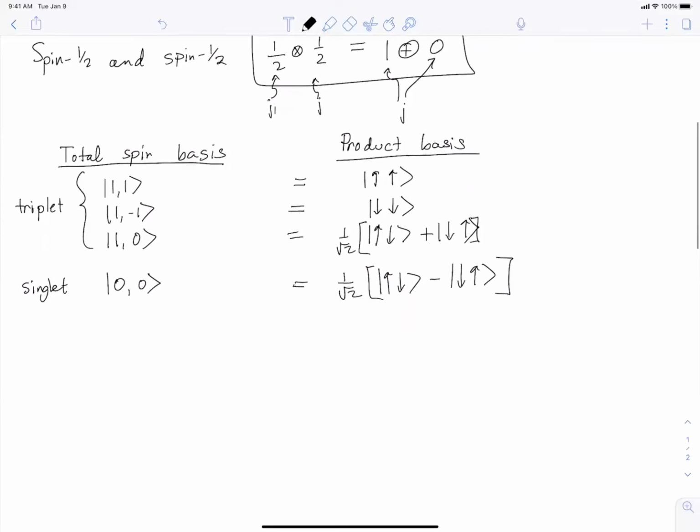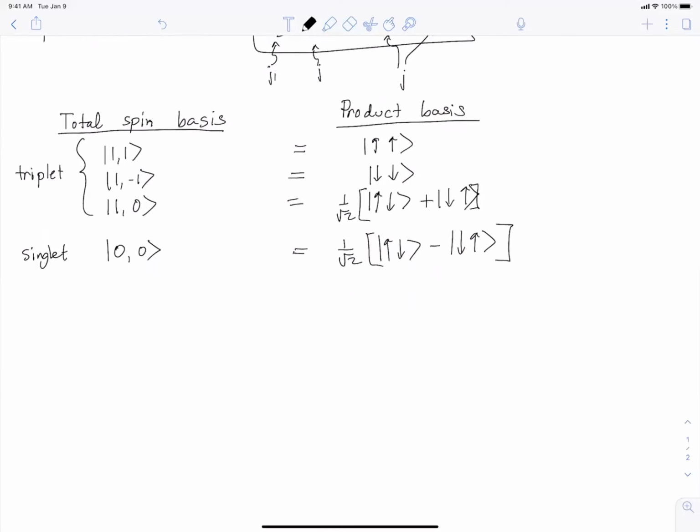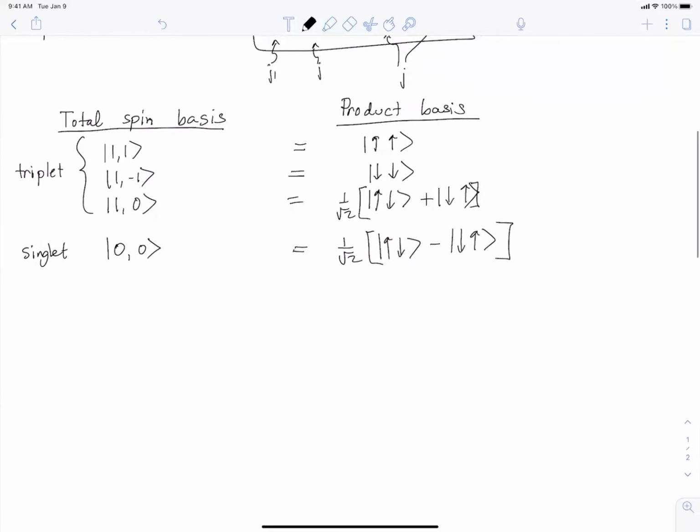Okay, so then we emphasized the fact that depending on what you're doing, you would want to use one basis or the other. And a good sign that you might want to be working in the product basis is the fact that if you have a dot product of the two angular momenta, you can write this as 1/2 S squared minus S1 squared minus S2 squared.